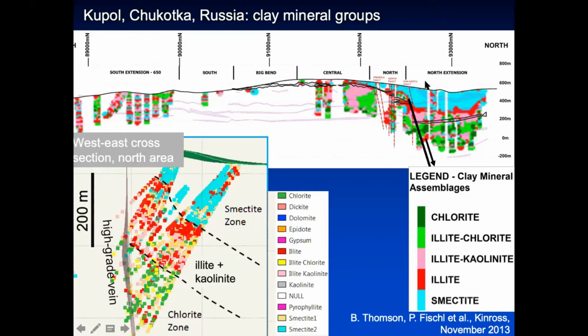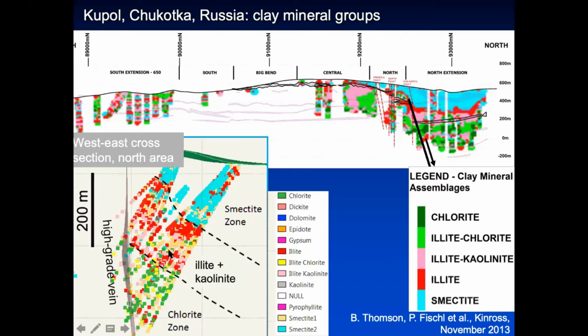Well, if we look at a cross-section right here, we see that the vein has its halo of chlorite-illite alteration formed at higher temperatures. And at shallower depths is this zone of illite only, or illite plus kaolinite. Now, this illite plus kaolinite probably formed from those CO2-rich condensates on the deep margin of the system.